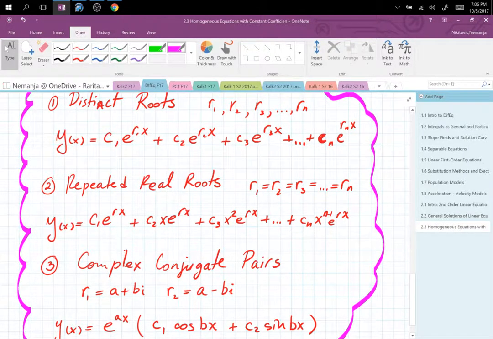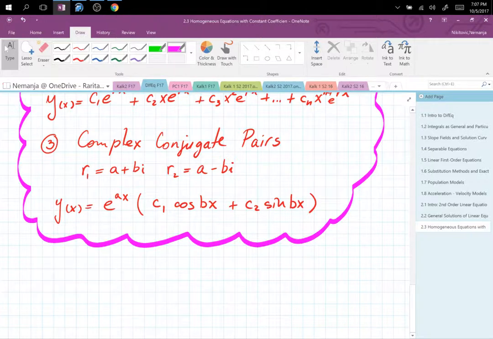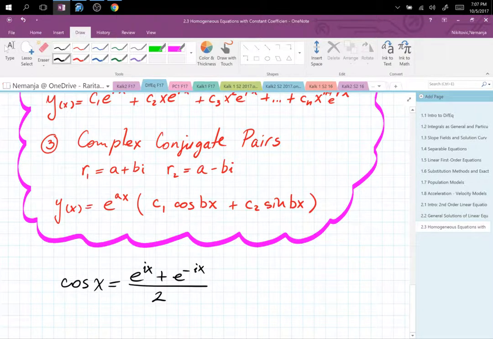Yes? This looks very suspicious to understand. Is there no i? Like, there's no i in front of the cosine. Oh yeah, you came to the complex thing. Yes, so you know that cosine x is defined as e to the ix plus e to the negative ix, over 2, right?